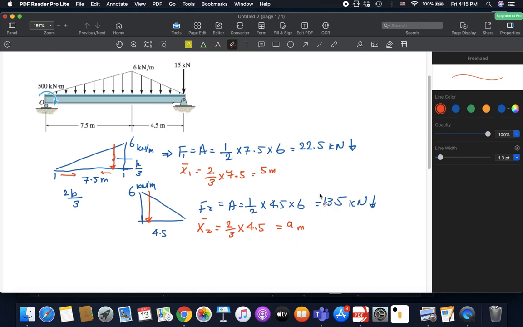I apologize. 2 multiplied by 4.5, this is 9 over 3, so this is 3 meters. Now, this is 3 meters from where? From this point.